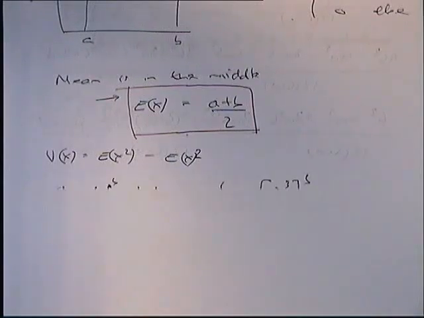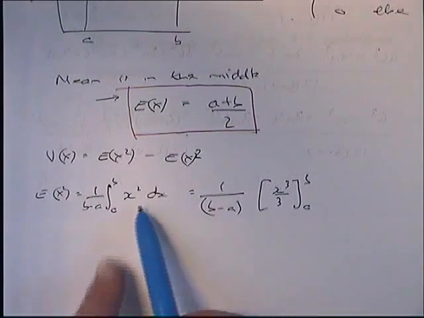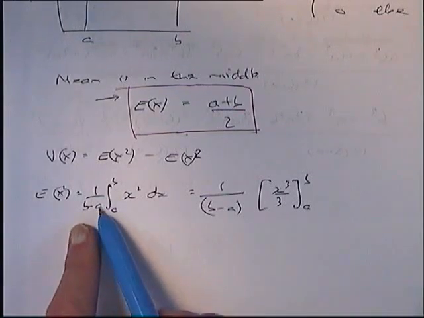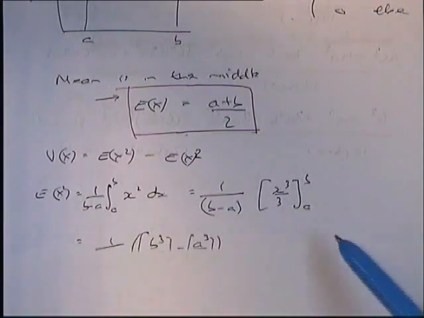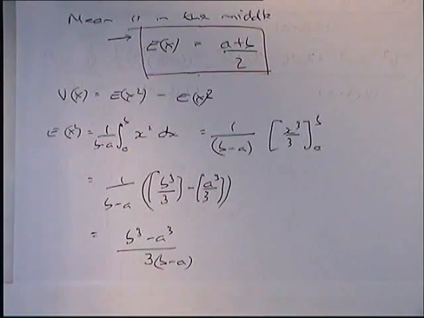Okay, if we did it here, the expectation of x squared is this integral here. It's the integral of x squared times that thing. I've just taken that out through the integral sign because it's just a number. And you can do that integral. You can substitute things in, and you get this thing down here.